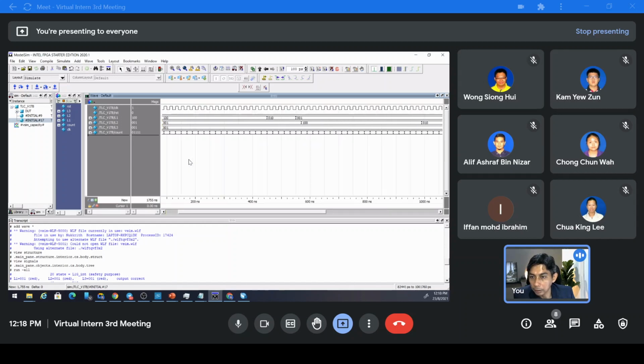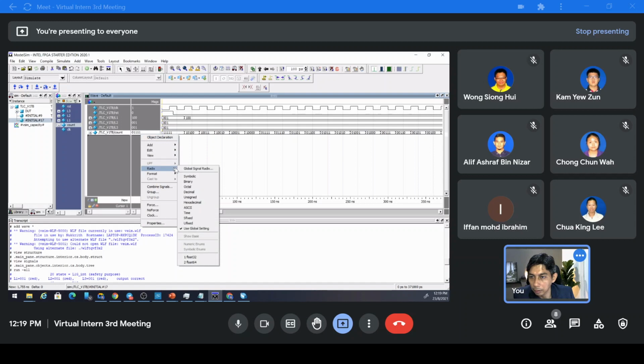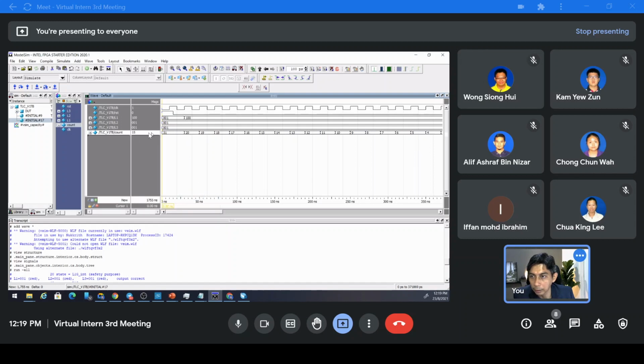Okay, so let's look at this. This is the counter, so it's better to look at it using the unsigned view. We can see that after we reset, all the lights, L1, L2, L3, are red, and then this one is green, starting at 20, 19, 18 until 0.